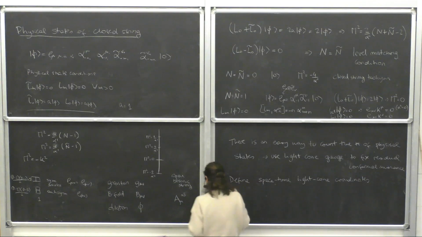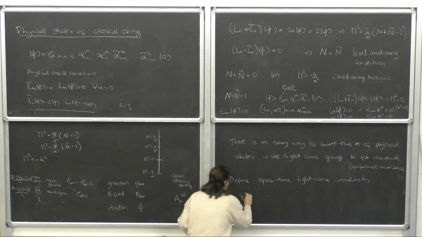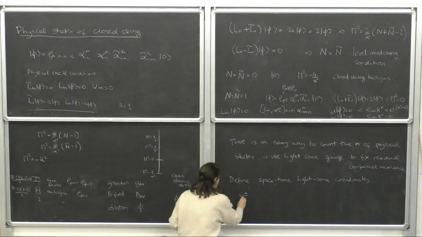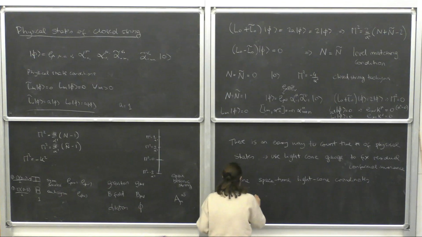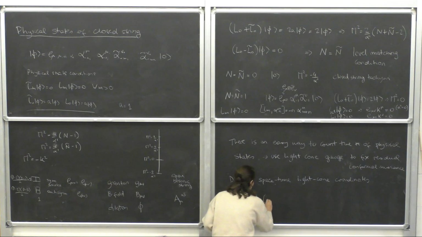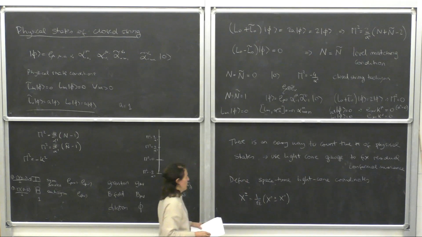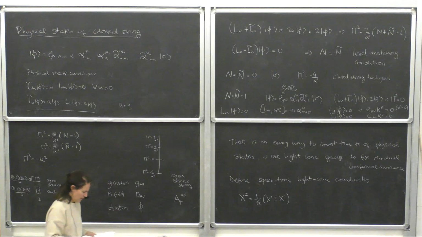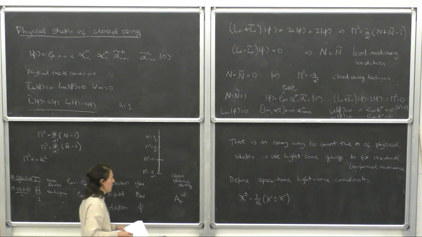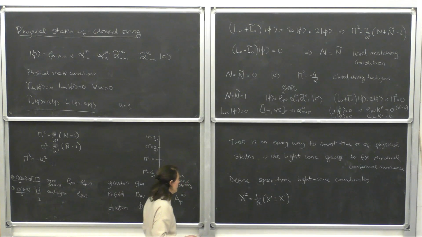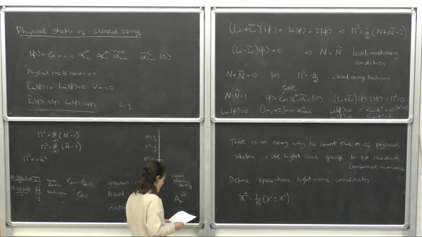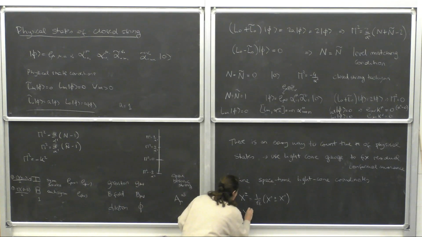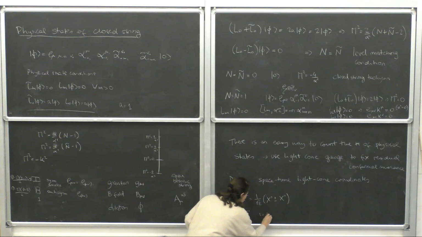We are in flat space, so let me take x0 and x1, and I define x plus minus to be 1 over square root of 2 times x0 plus minus x1. These are light-cone coordinates. The rest I call x^i, where i goes from 2 to d minus 1.